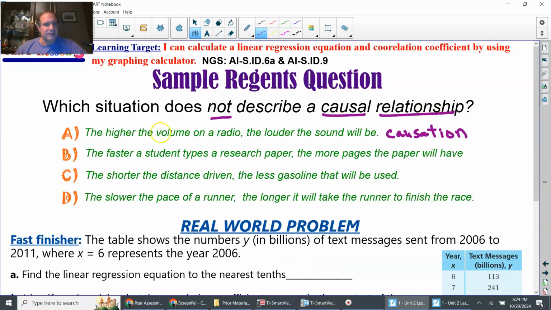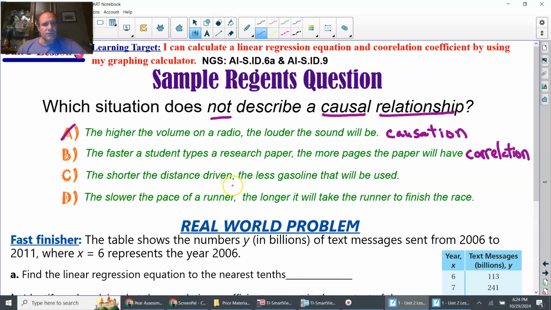That's cause and effect. The faster a student types a research paper, the more pages the paper will have. That's a correlation. It does not mean that the faster the student types, the more pages the paper will have. All right. So that's a correlation. So far A is out because they're looking for one that is not a causal relationship.